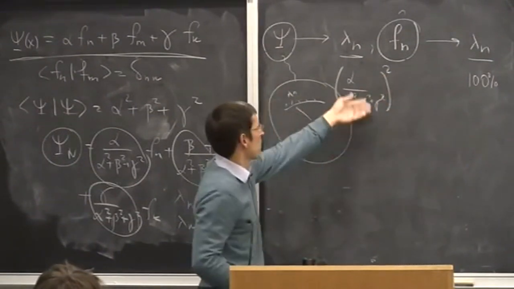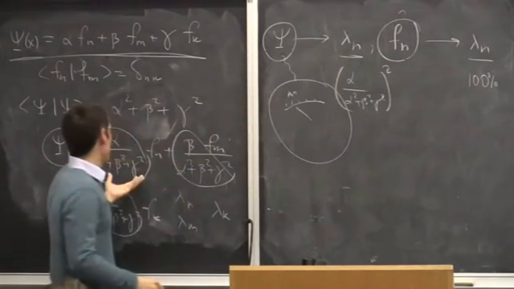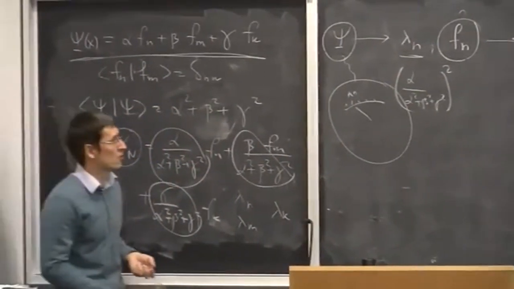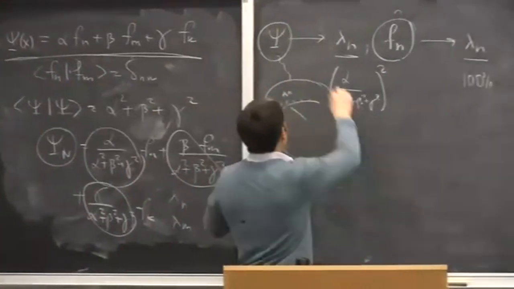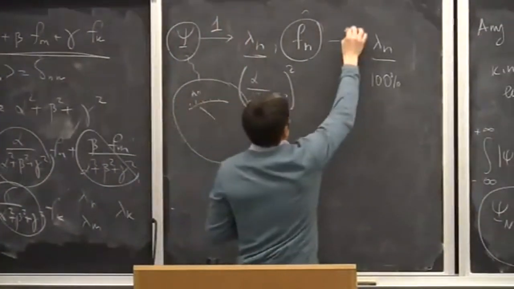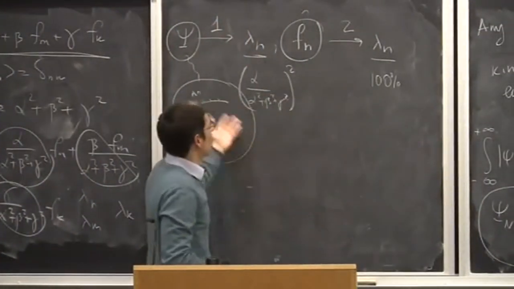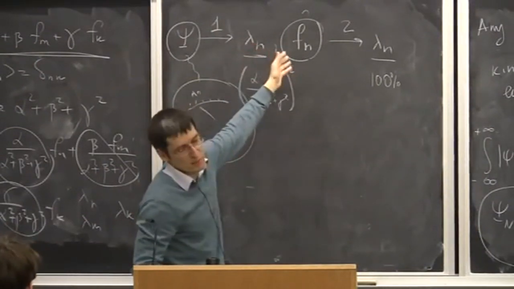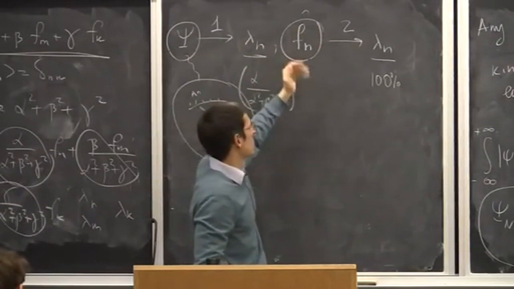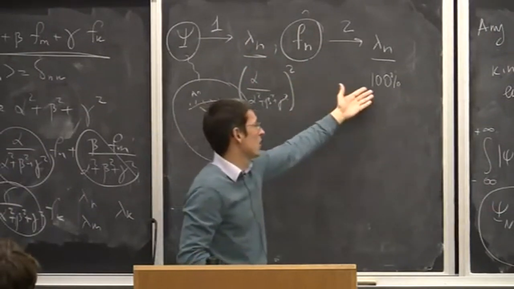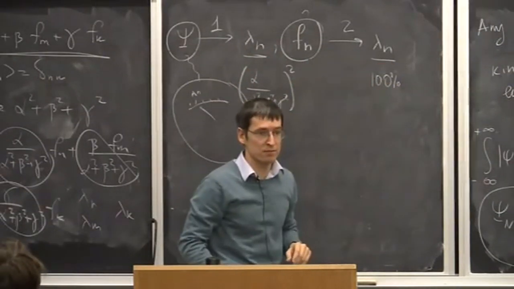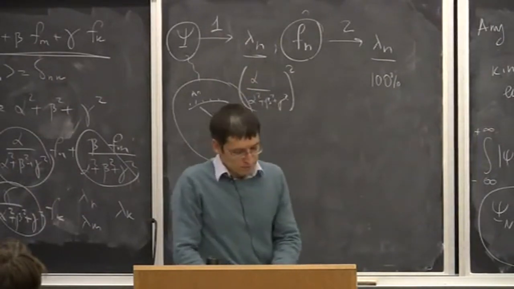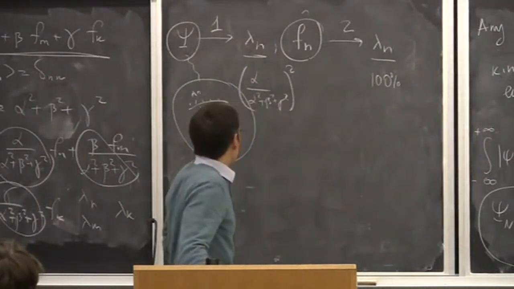We found that by normalizing the function and looking at the coefficient. But if you measure the collapsed function again, the coefficient will be 1, so 100% you get the same answer. That's the situation with measurement.